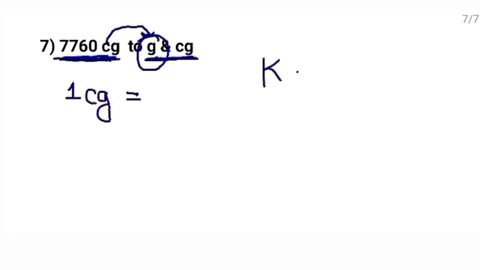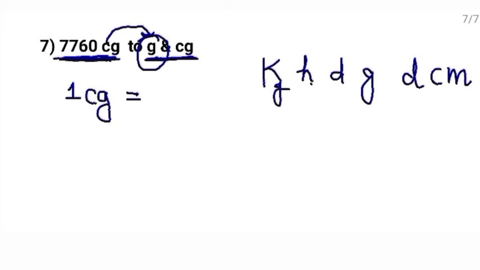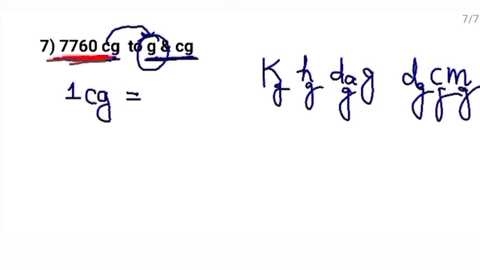So call your friend. Middle term will be gram now. So write gram. Now it becomes kilogram, hectogram, decagram, gram, decigram, centigram, milligram. Clear? They have given the value in terms of centigram. Where is centigram?